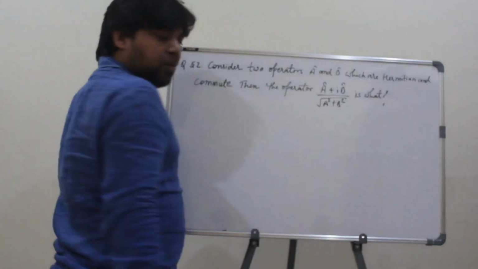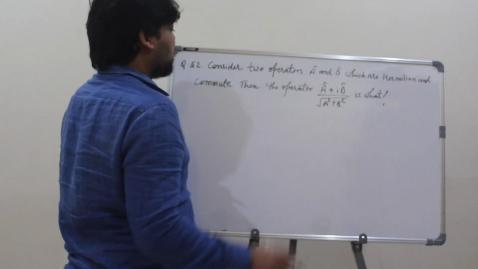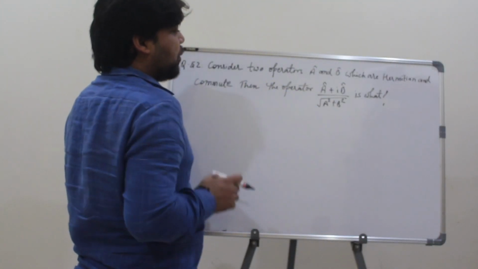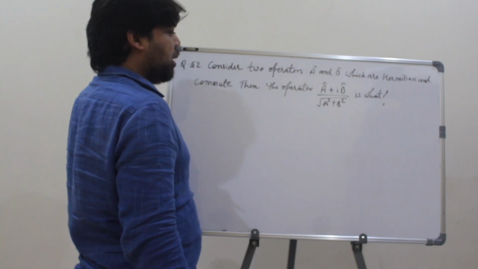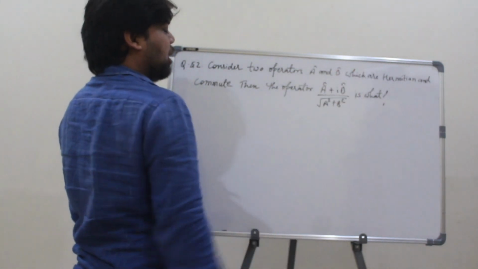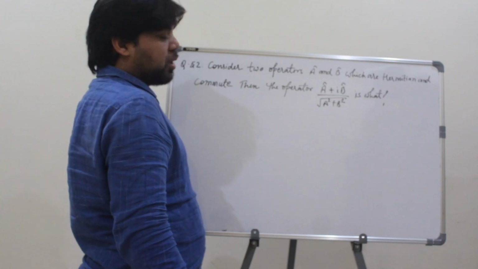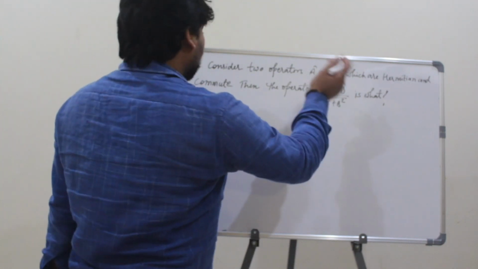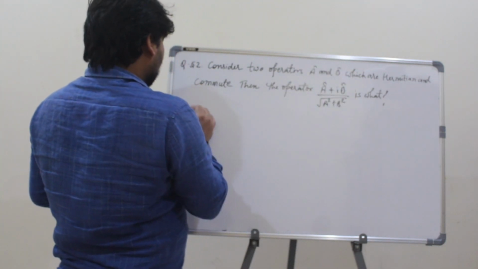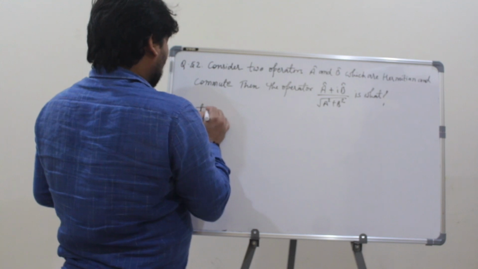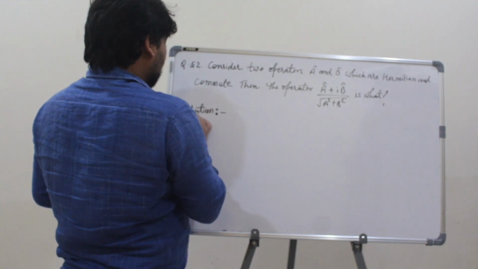Problem number 52 says: consider two operators A cap and B cap which are Hermitian and commute. Then what is the nature of the operator (A plus iB cap) divided by root of A square plus B square? Let us find out how to approach this problem.